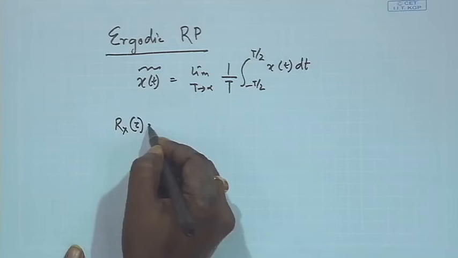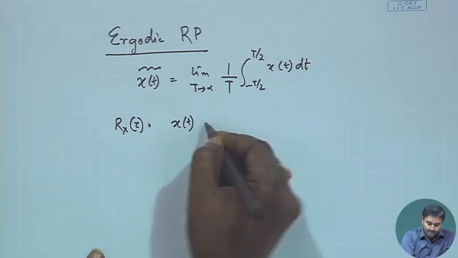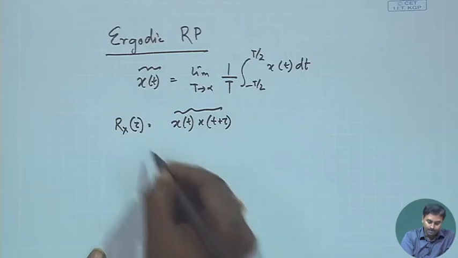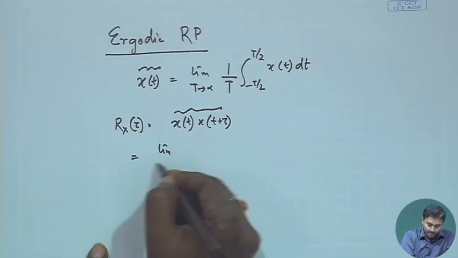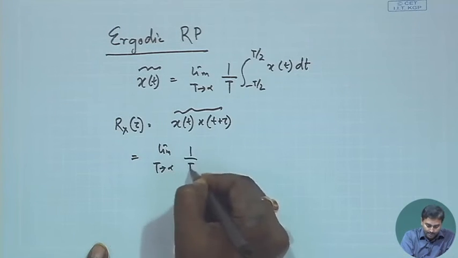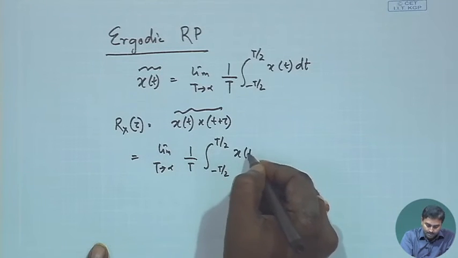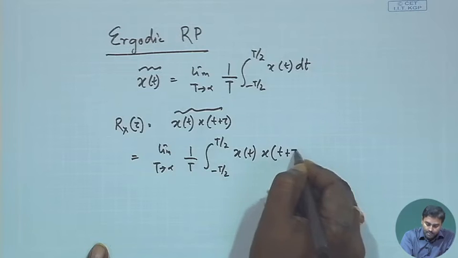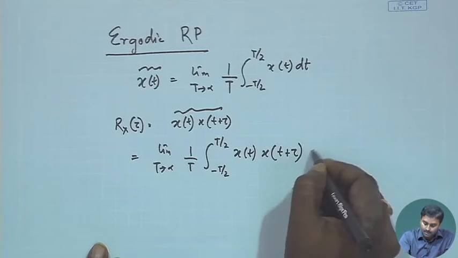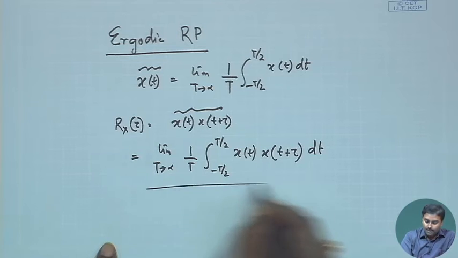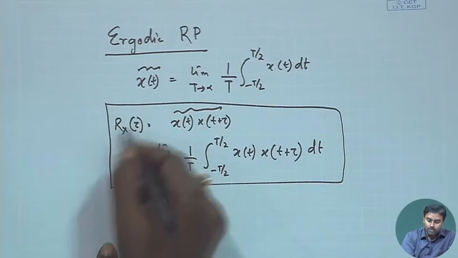And the autocorrelation, the way we have defined it: Rx(tau) is defined as x(t) and x(t plus tau), and then we do the time average, which is similar, limit T tends to infinity 1 by T integral from minus T by 2 to plus T by 2 of x(t) x(t plus tau) dt. This is how we defined the autocorrelation function in the time domain. If I evaluate this, then I get the autocorrelation.